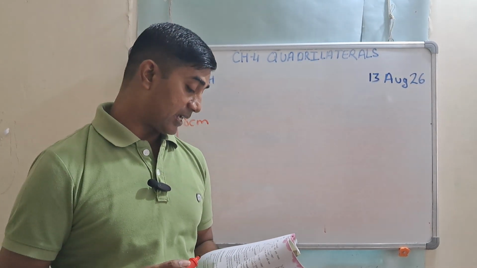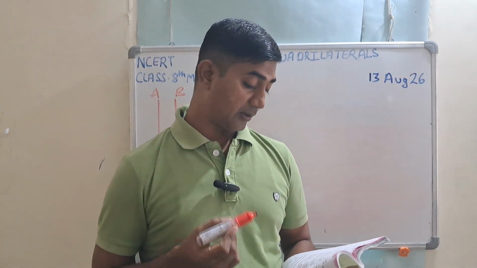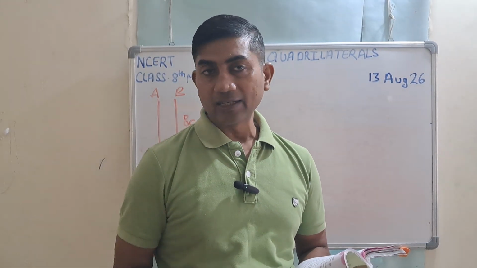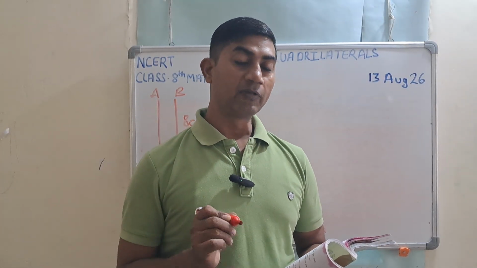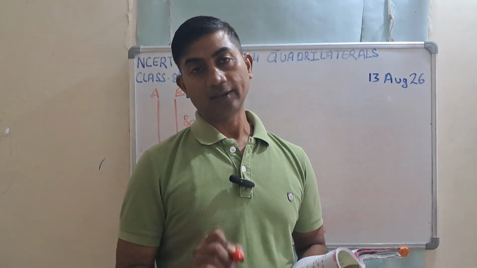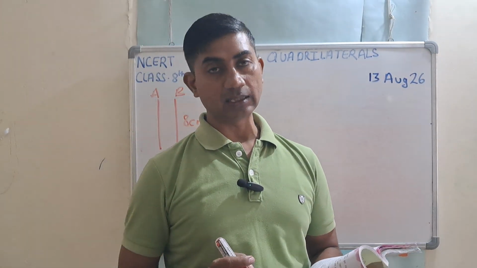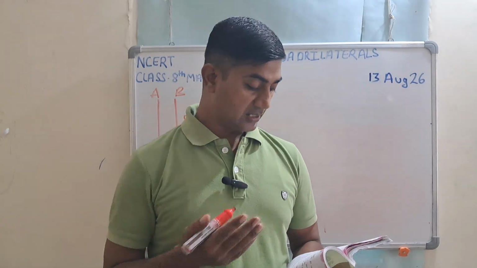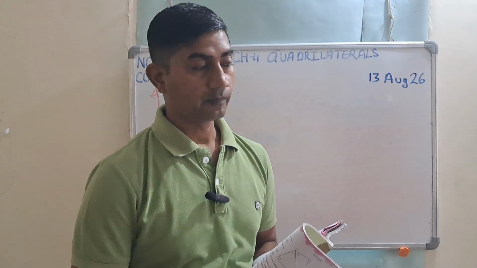But they have also mentioned that the diagonals bisect each other, which means the figure will be compulsorily a rectangle. If they had not mentioned bisecting, the figure could be any quadrilateral.